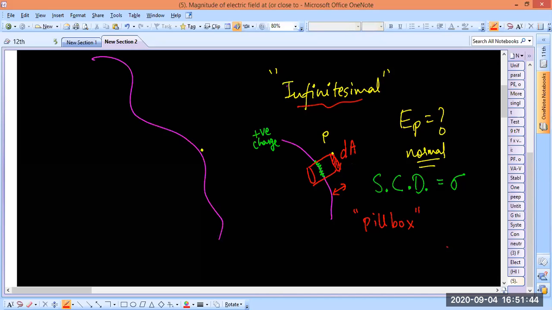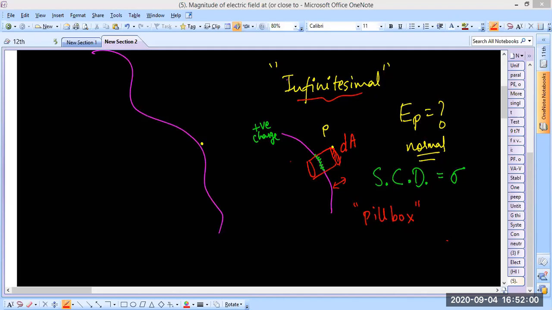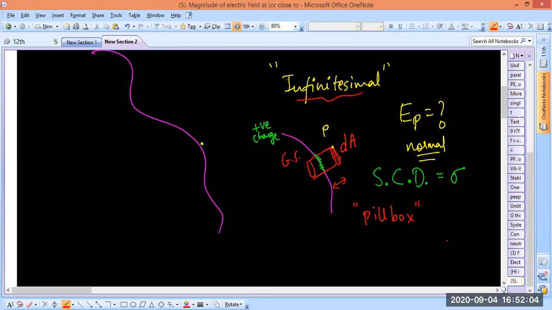Not the total surface area, this flat surface area. Understood so far? Yes or no? I'm waiting for you. Have you understood that this red is a Gaussian surface? Its shape is like a cylinder. This flat surface area is dA.